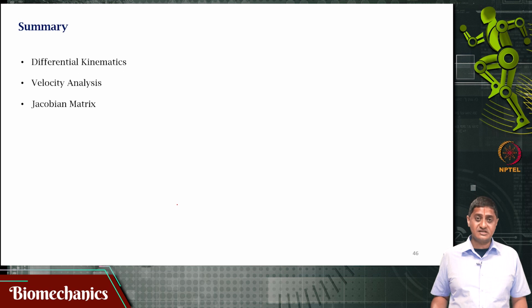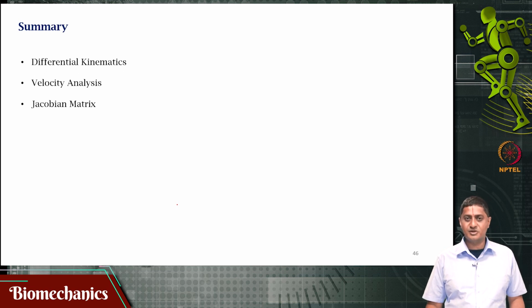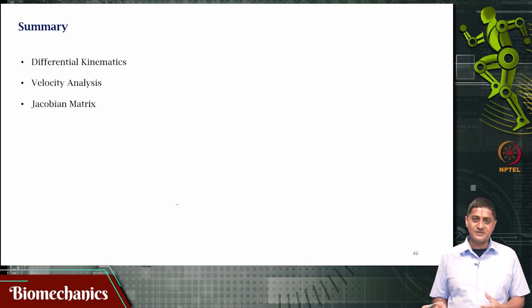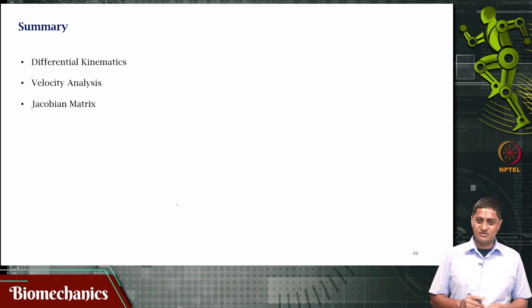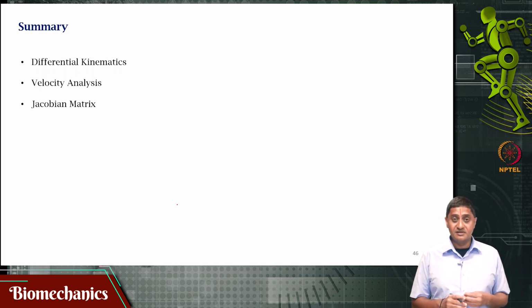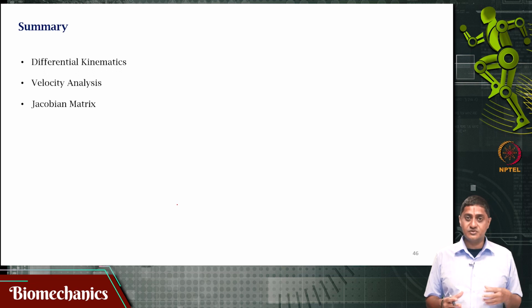We defined a special matrix called the Jacobian matrix, the matrix of partial derivatives that depends on configuration and helps us to geometrically map from the joint angle space to the endpoint space. So joint angle motion is used to describe endpoint motion.